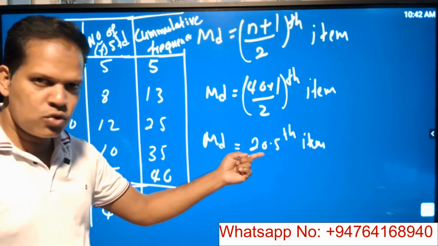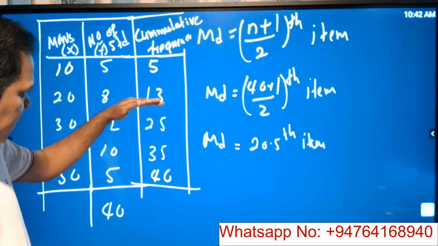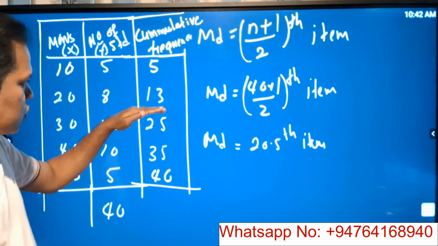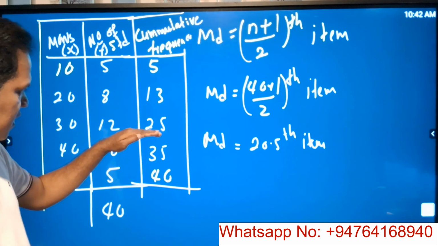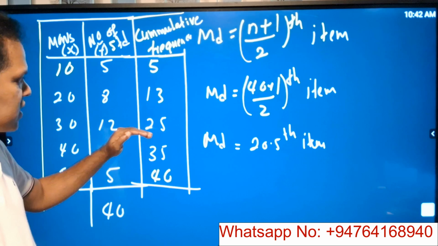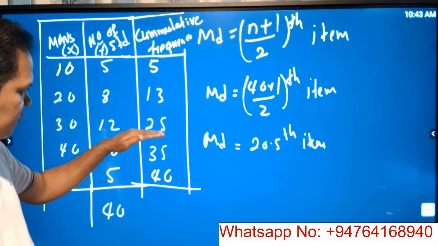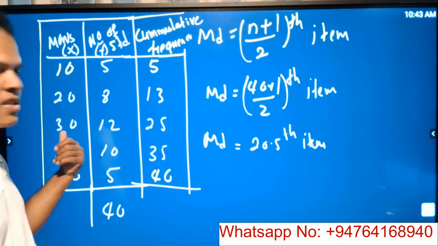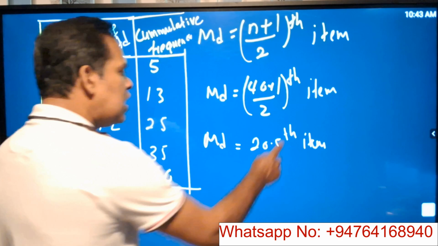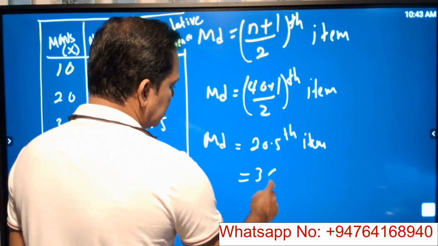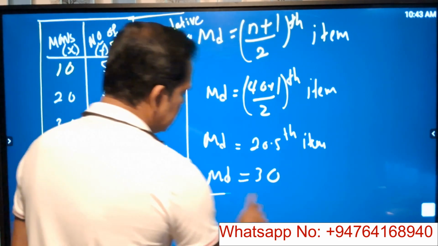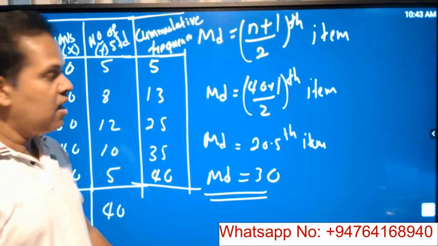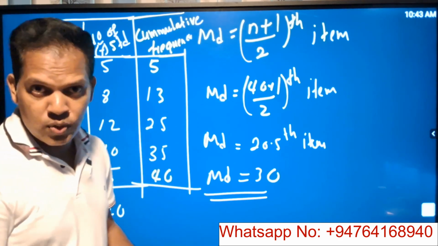Where does it lie? In the 14th to 25th, no? This item belongs to the 14th to 25th. All students from the 14th to 25th take 30 marks, so this student also takes 30. So the value of this item is 30. That is, the median is 30. That's the way to find the median of this kind of ungrouped frequency distribution.